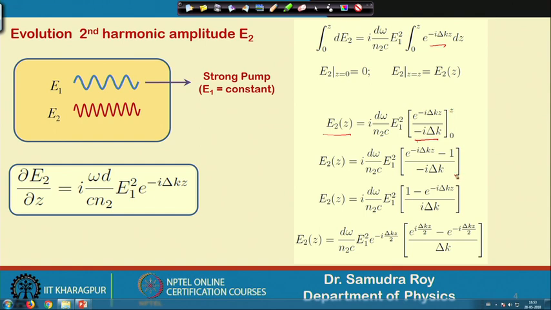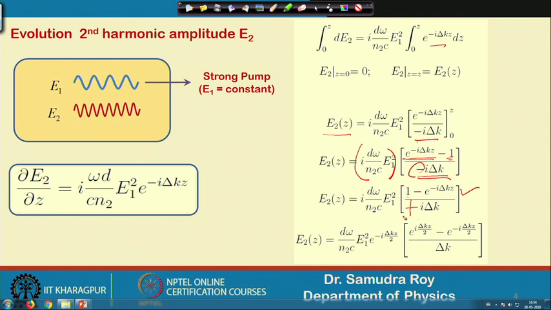Once I put this limit, what we have is the constant multiplied by E1 square, and with the boundary condition, the first term will be e to the power i delta k z minus 1, and the denominator will be as usual i delta k. We further simplify that, and if I absorb this minus sign, it will be 1 minus e to the power minus i delta k z.